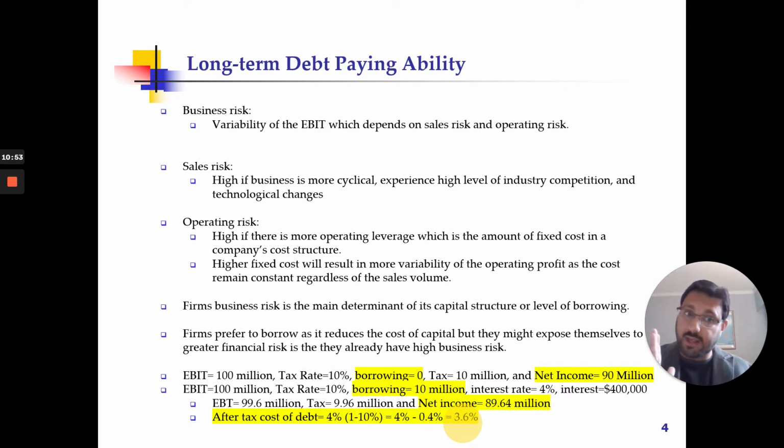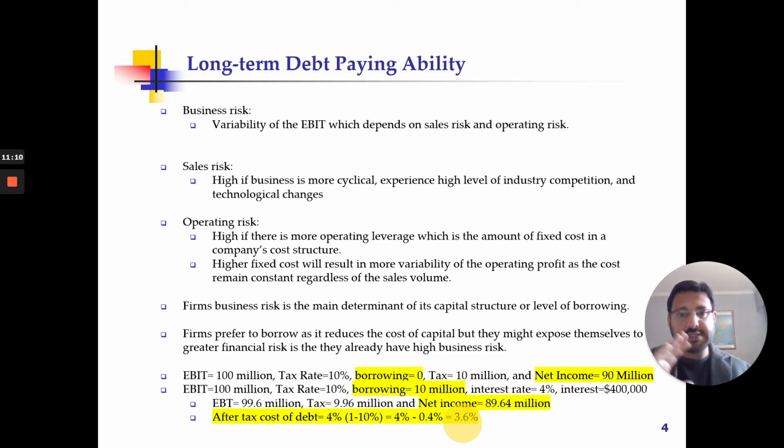But again, if there is a high business risk, then there should be a limit to that borrowing, because if the firm will not be able to service its debt or pay the interest charges, then they can ultimately become bankrupt.